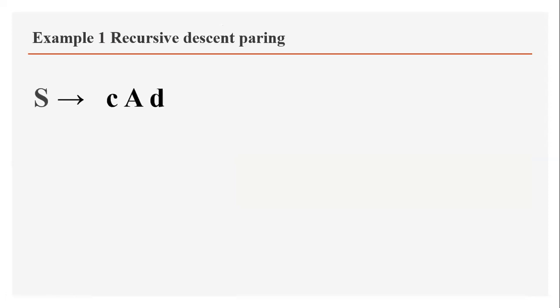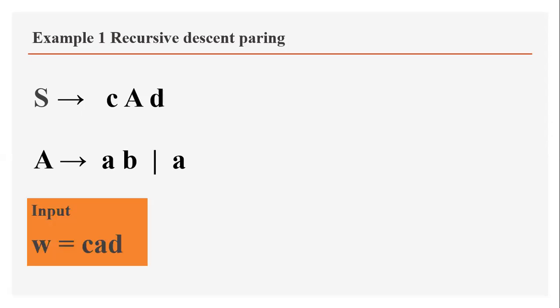Let us consider S derives CAD and A derives AB or A. If you observe, how many non-terminals do we have in this grammar? We have two non-terminals, S and A, and the terminals are C, D, A, B. This is the given grammar, and I have the input CAD. I want to match this input to the given grammar.